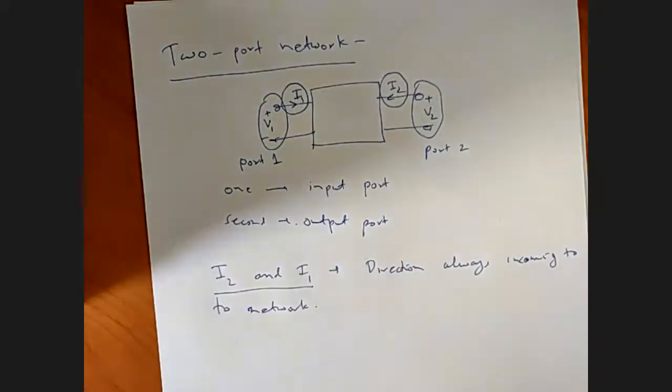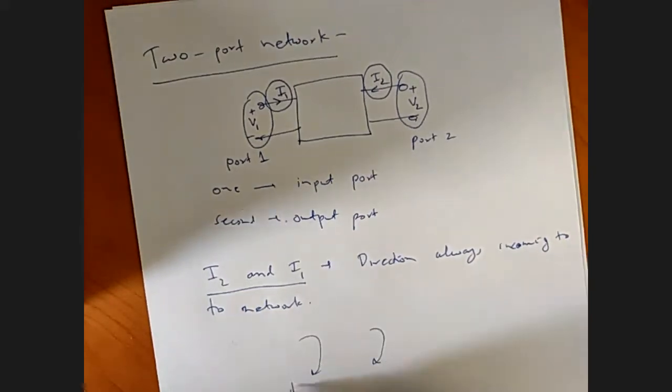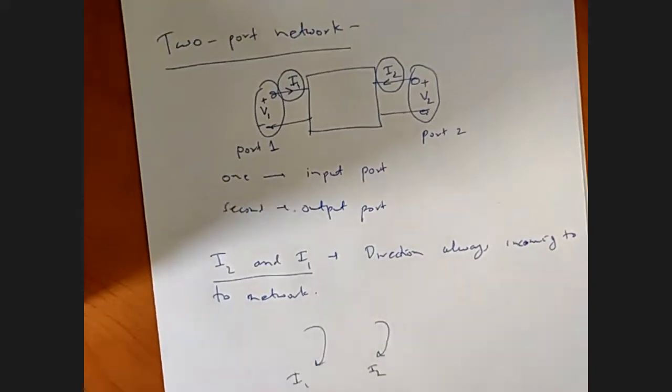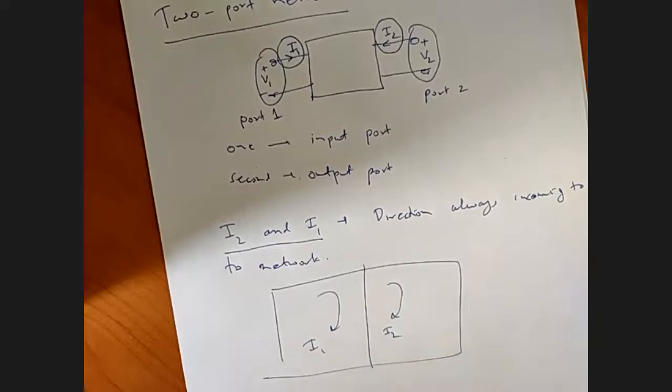Generally students make the mistake of considering I1 and I2 differently, or generally when we talk circuit we will consider like this I1 and I2. So this is the network, and when we are writing, we will be writing it as V1 and I1 and I2, and we will solve this circuit.